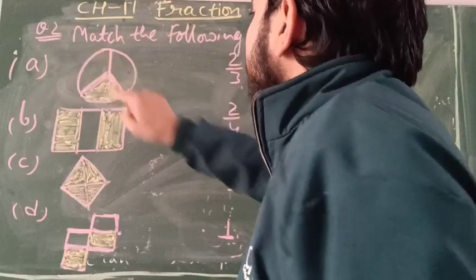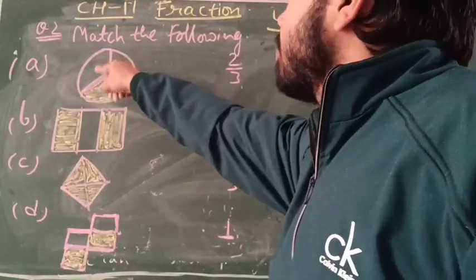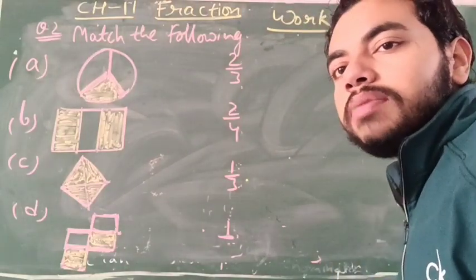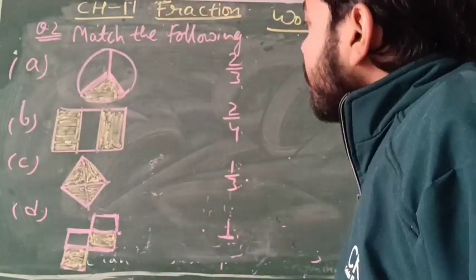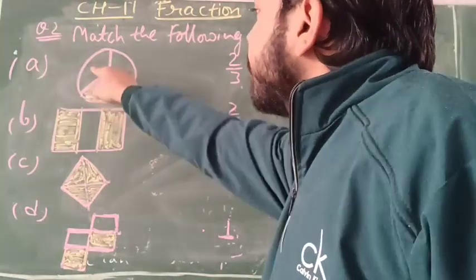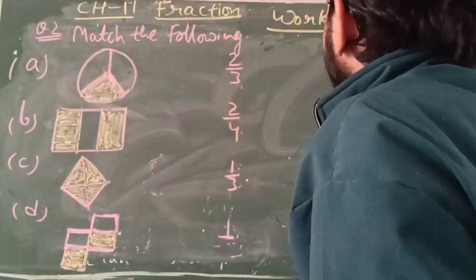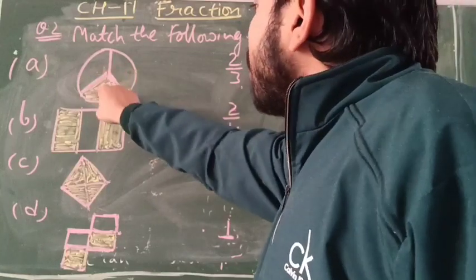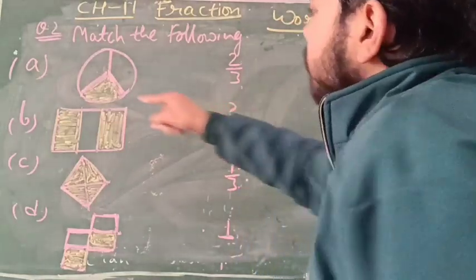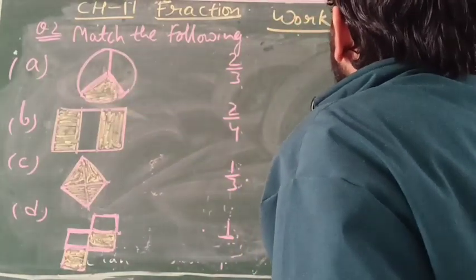So that is a circle which is divided into 3 equal parts. It means the denominator must be 3. And 1 part is colored. It means the numerator is 1.